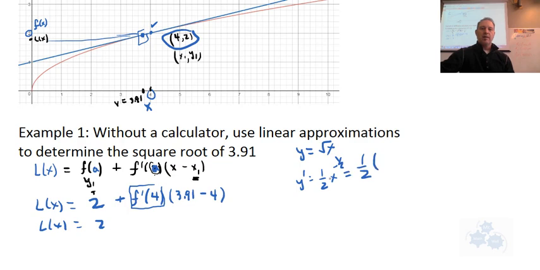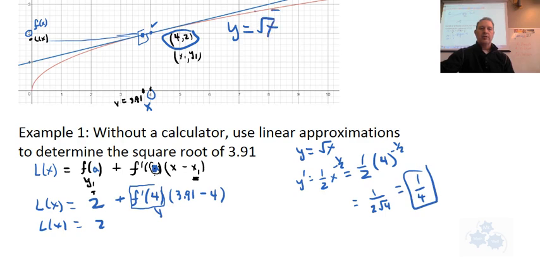So that is 1/2 times 4 to the negative 1/2, and that is 1 over 2 times root 4, or 1 over 4. So this right here, for the graph y equals root x, which is this red graph right here, we have this as a value for the derivative, 1/4. And this is going to be what? Negative 0.09? And does that look right?